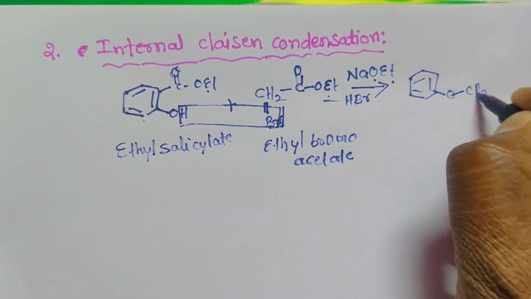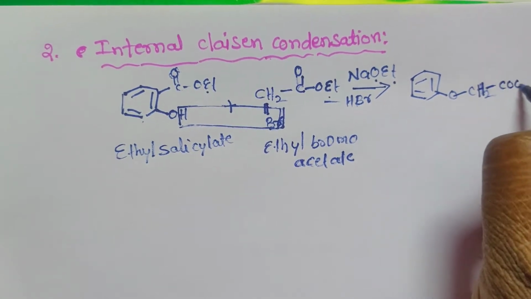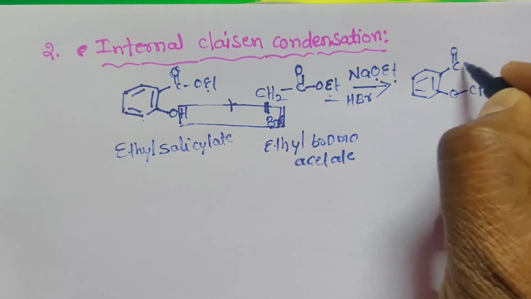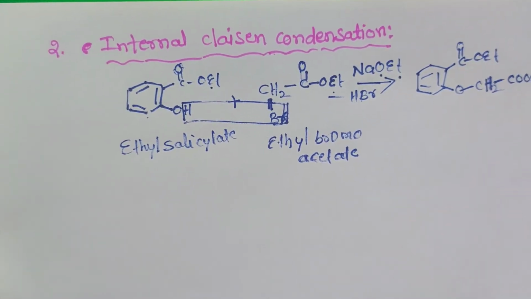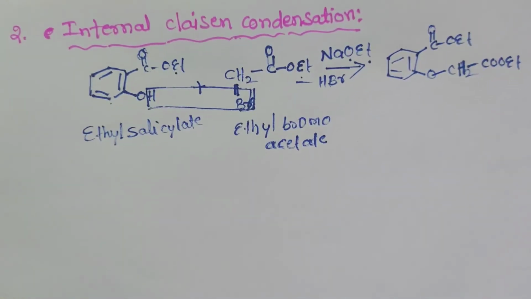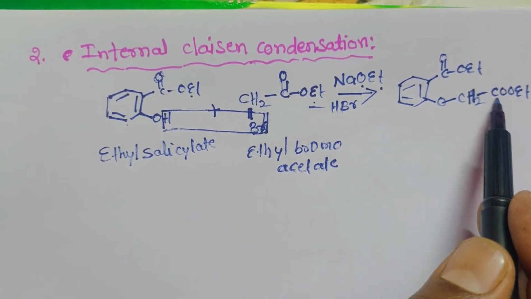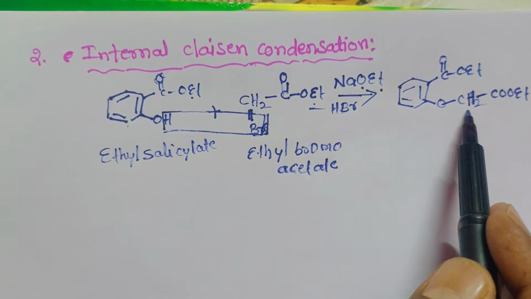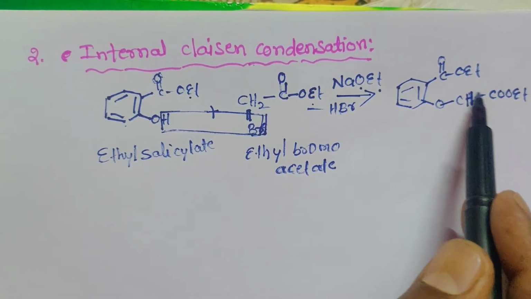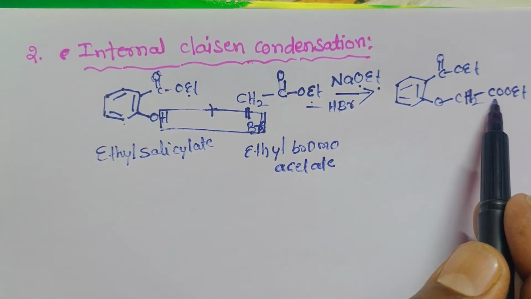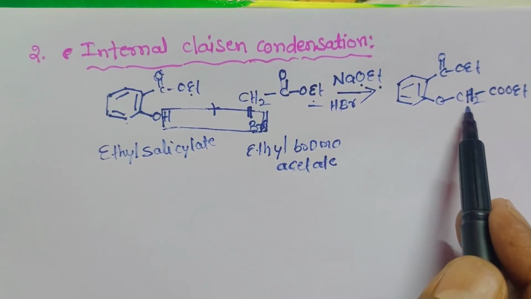CH2, COOEt, and one more ester group is here. So now in this compound, two ester groups are there, first ester group and second ester group. And in this ester group, one methylene group is there adjacent to the carbonyl group of the ester. So now this shows the acidic nature.